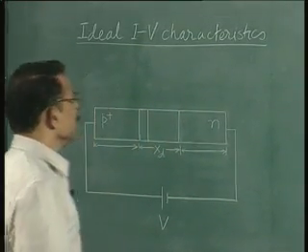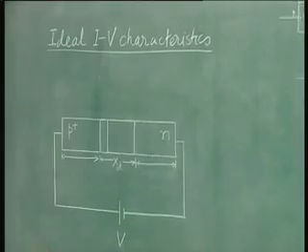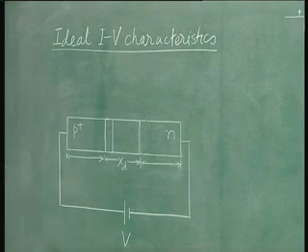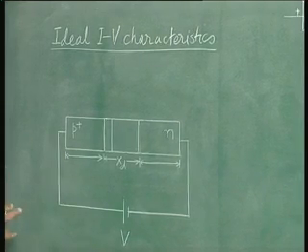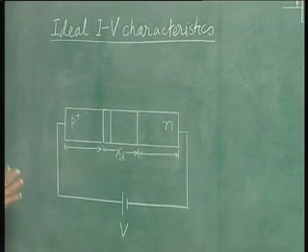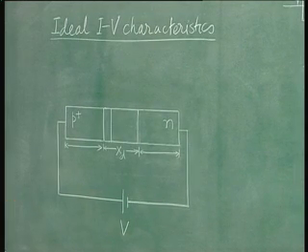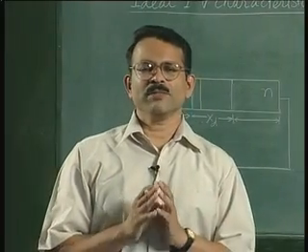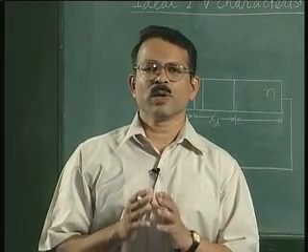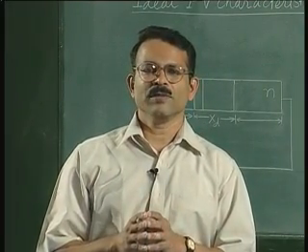The characteristics obtained under these assumptions are called the ideal IV characteristics. First we derive ideal IV characteristics based on a large number of assumptions, and then we discuss how some of the assumptions have to be relaxed to get the real characteristics which were shown on this slide.